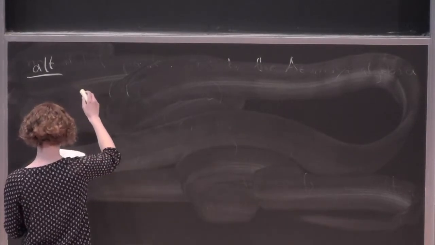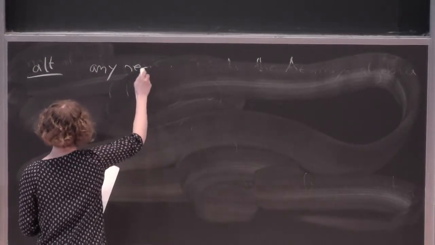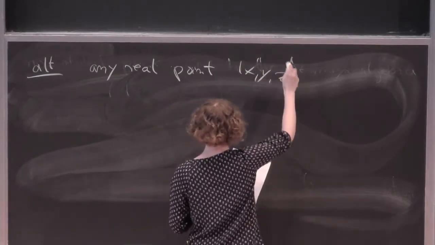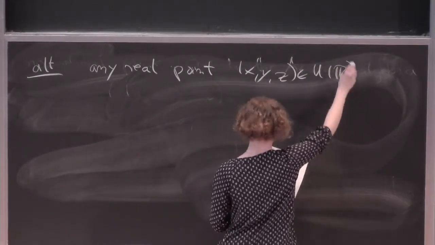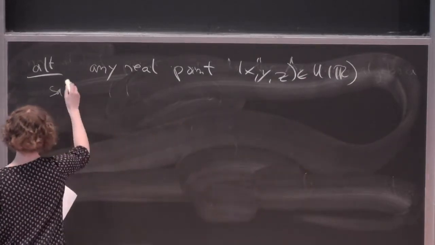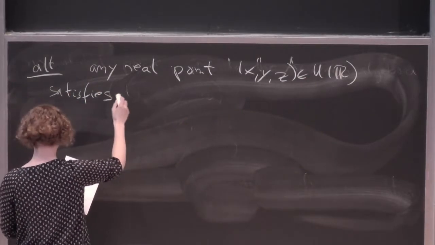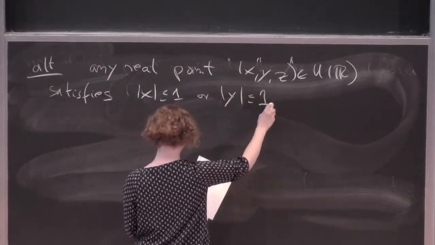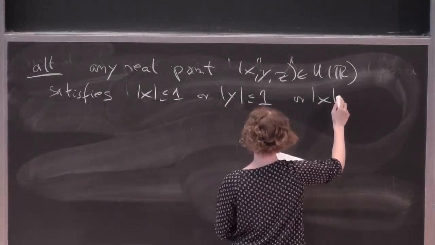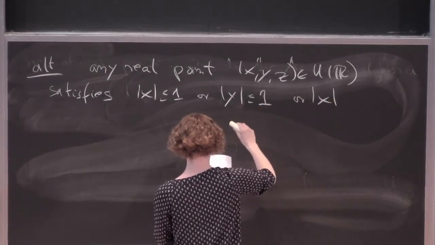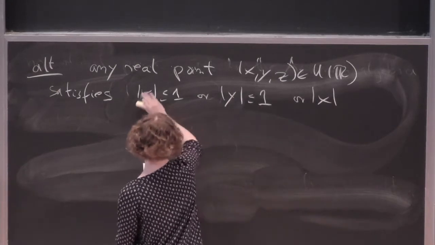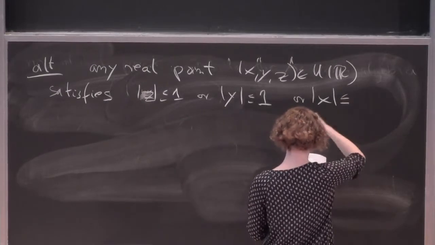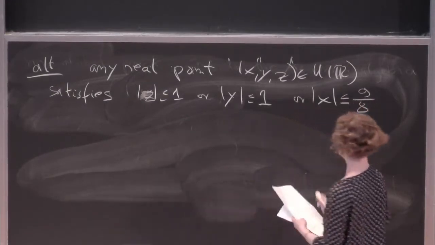So alternatively, you could observe that any real point x, y, z satisfies that either x is at most 1 or y is at most 1 or z is at most 1. Either one of them is bounded by 1, or if not, then you can use the equation to show that x is bounded by 9 divided by 8.